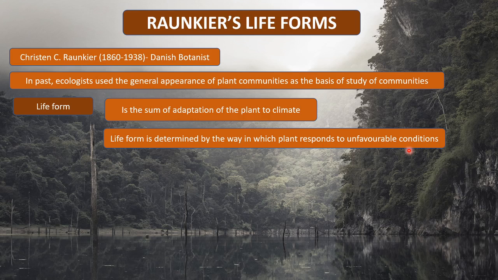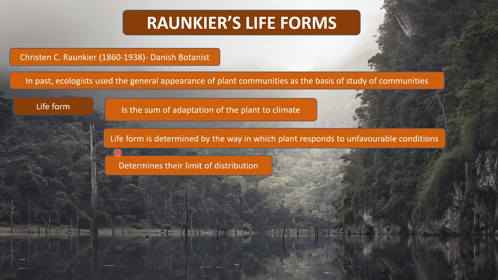So what he said is that life form can be determined on the basis of how a plant is going to perform and respond in unfavorable conditions. For example, if there is cold, how is that plant going to respond? If there is drought, how is that plant going to respond? Based on that, he determined life form, right?